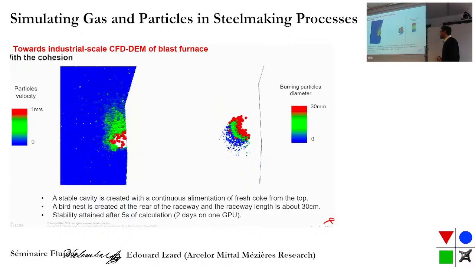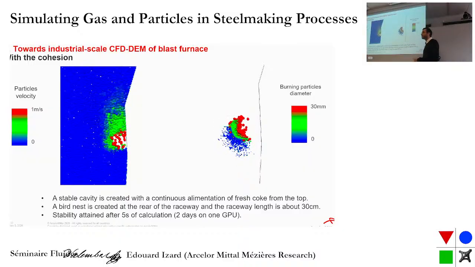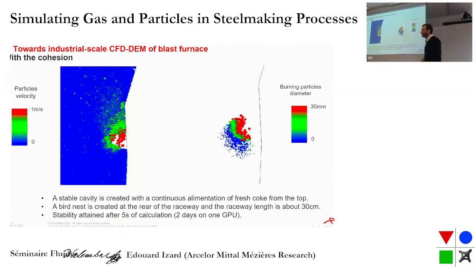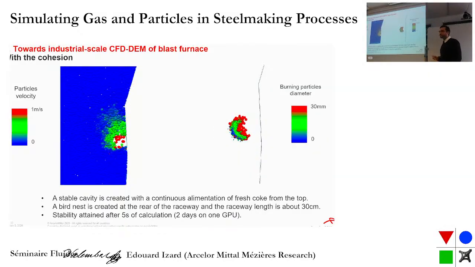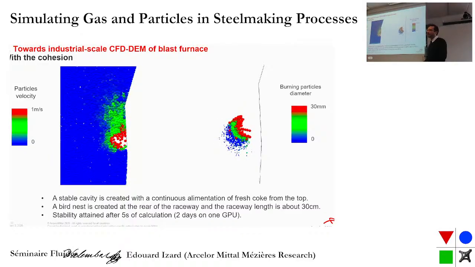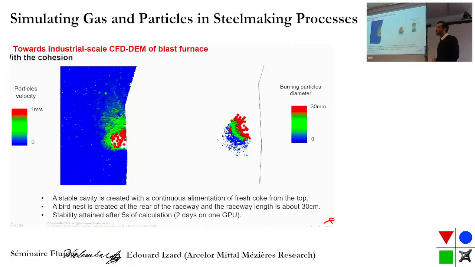Different things can be seen. First, we don't have a cycle of collapses, but rather a continuous flow. And the practitioners of the blast furnace think that the flow is continuous. They don't have so much information, but we don't have a very big bubble collapsing inside the furnace.